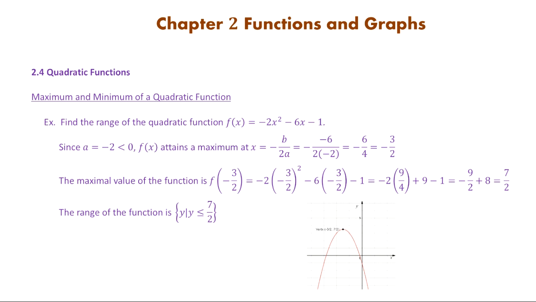For this particular example, f of x equal to negative 2x squared minus 6x minus 1, since the leading coefficient for x squared is negative 2, so that's negative, or less than 0, the parabola opens down, so we get the maximum, right? And the maximum of the function is attained at x equal to negative b over 2a. That's the formula for the vertex, remember? So if we plug in b and a into this formula, you get b equals negative 6 and a equals negative 2 in this case.